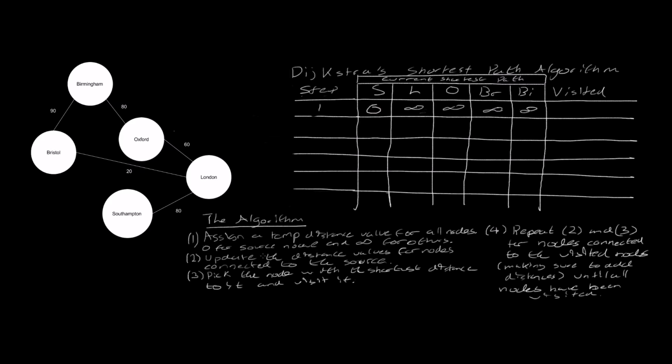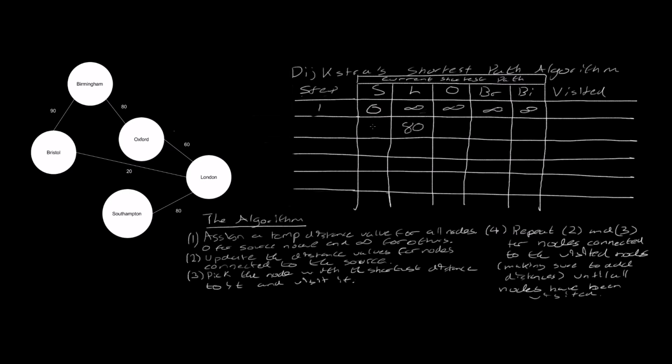The next thing that we do is update the distance values that we've got for all the nodes connected to the source node. The only node that's connected to our source node, Southampton, is London, and that's a distance of 80 away from Southampton. So we can update our current shortest path to London with 80.